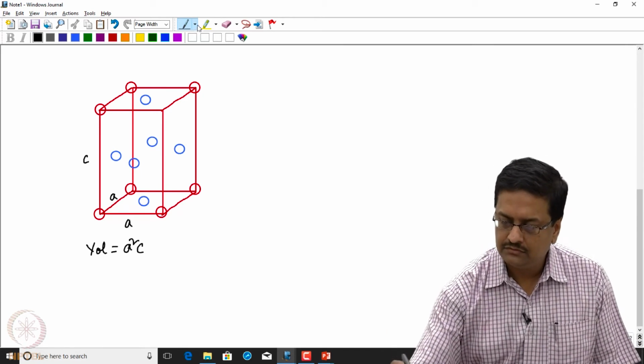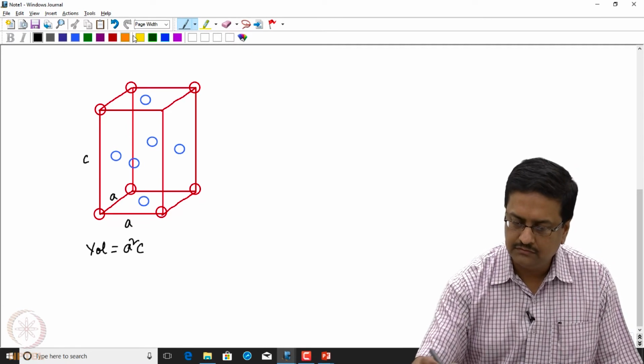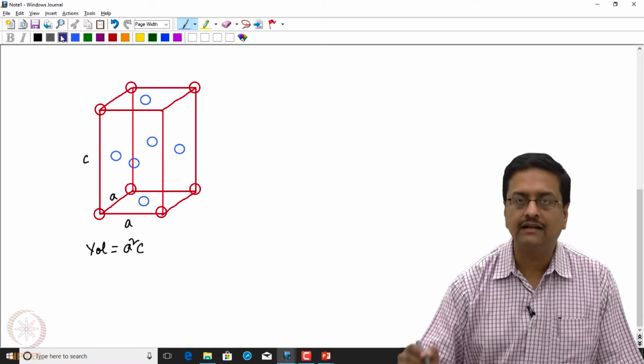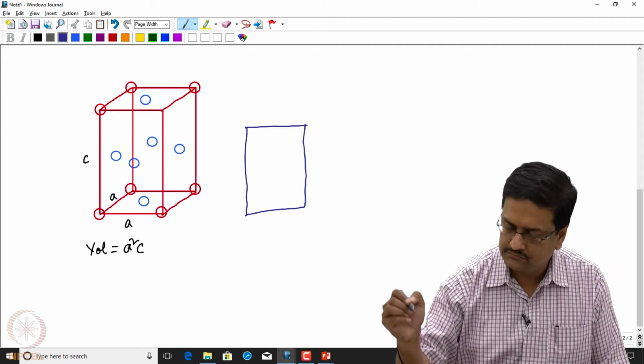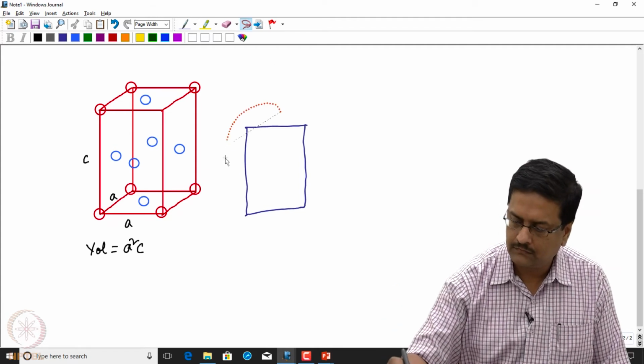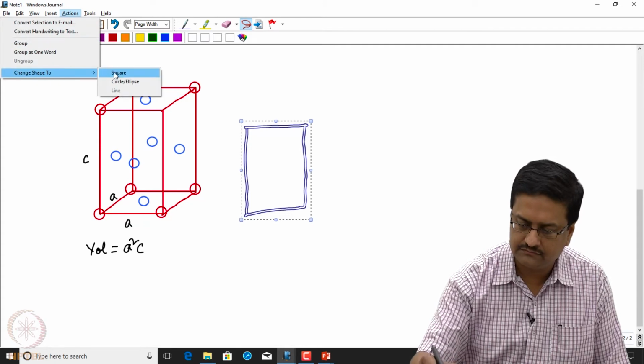Now, I want to extend this lattice on the right hand side and join it with the previous one.